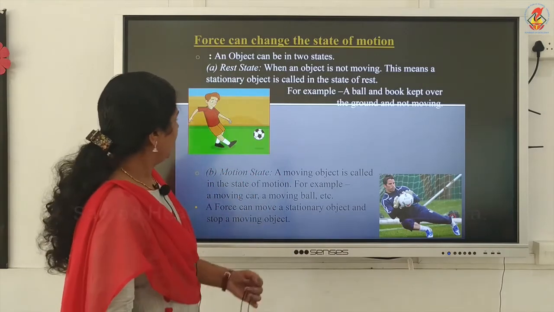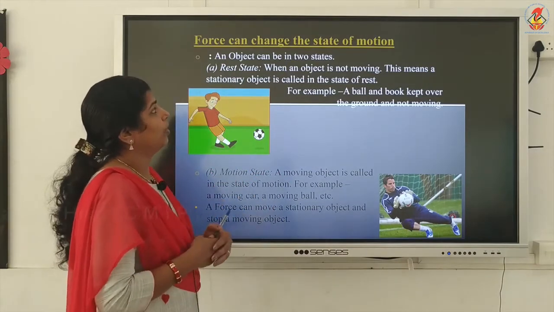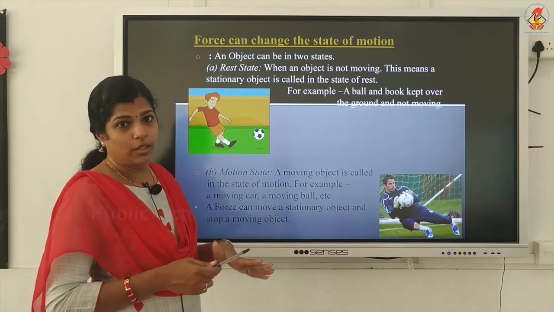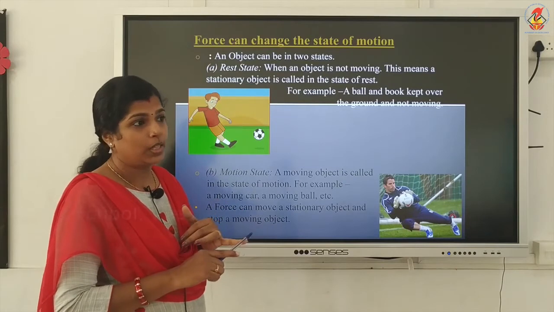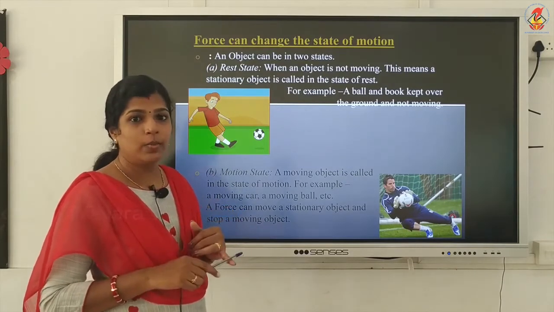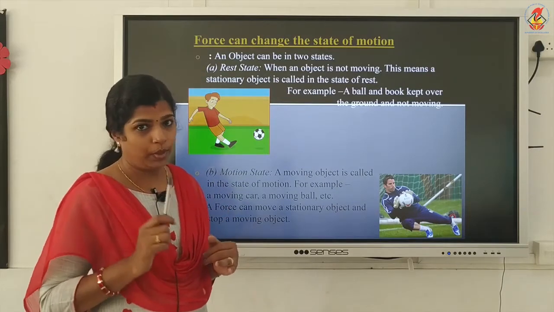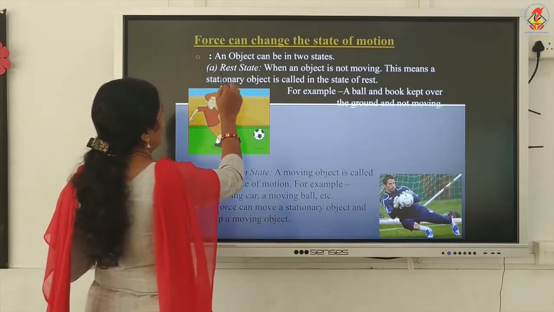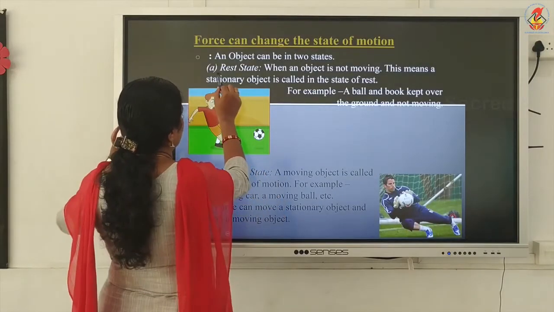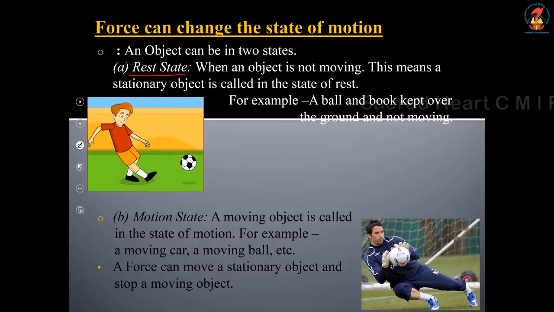Here, regarding the state of motion, the object can be in two states. One is rest, which means it is not moving. The other one is motion, which means the object is moving. When an object is not moving, it is a stationary object, and it is called a state of rest.